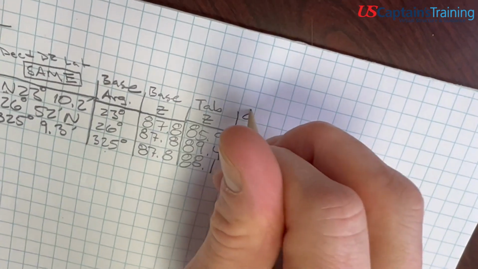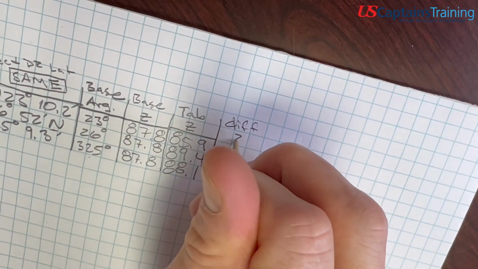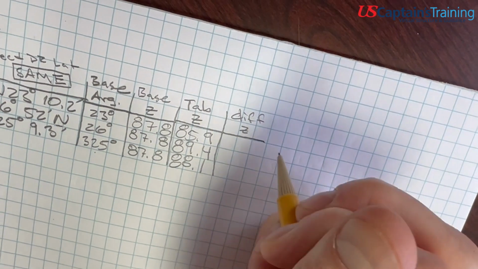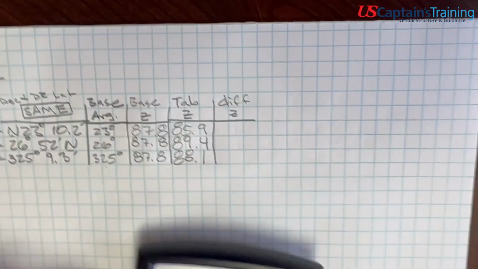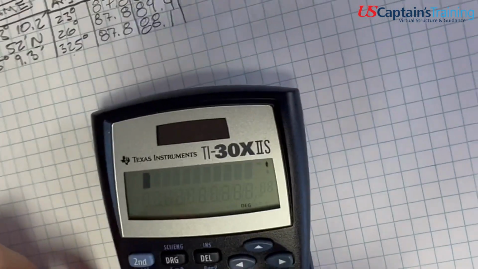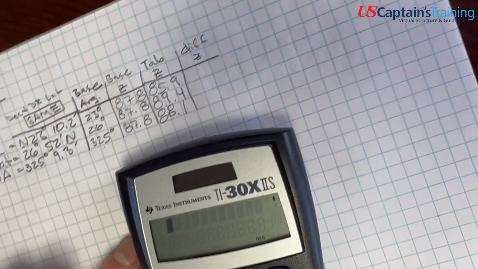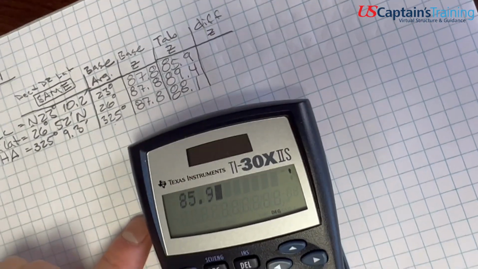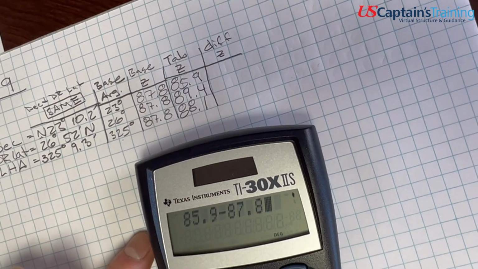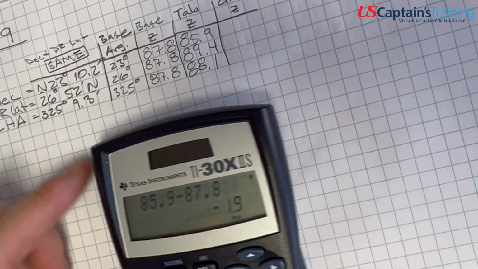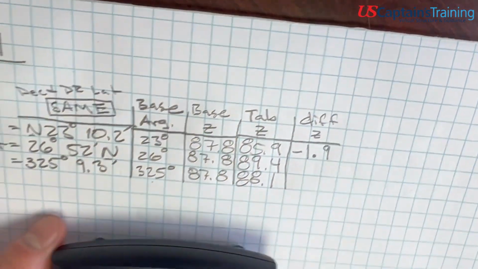Okay. And now with our tabulated Z, now we need to find the difference between the tab and the base Z. So we'll find the difference in the Z's. We just punch them into our calculator. Tab minus base equals the difference. 85.9 minus 87.8 equals negative 1.9.